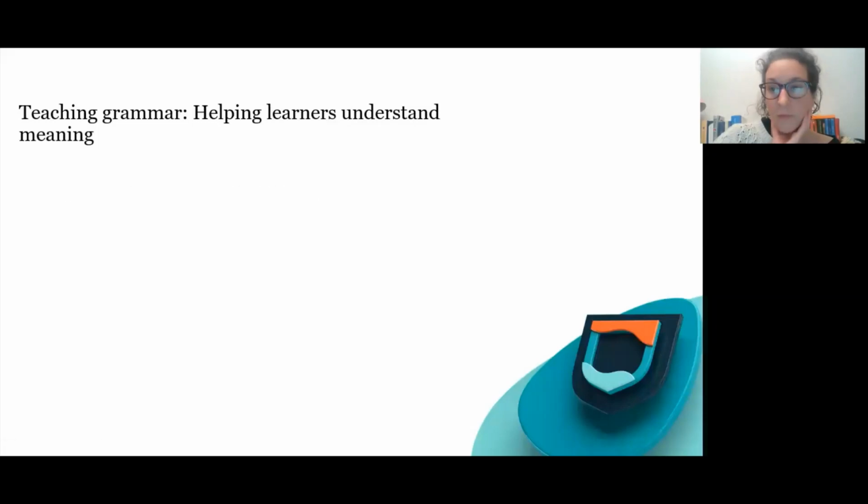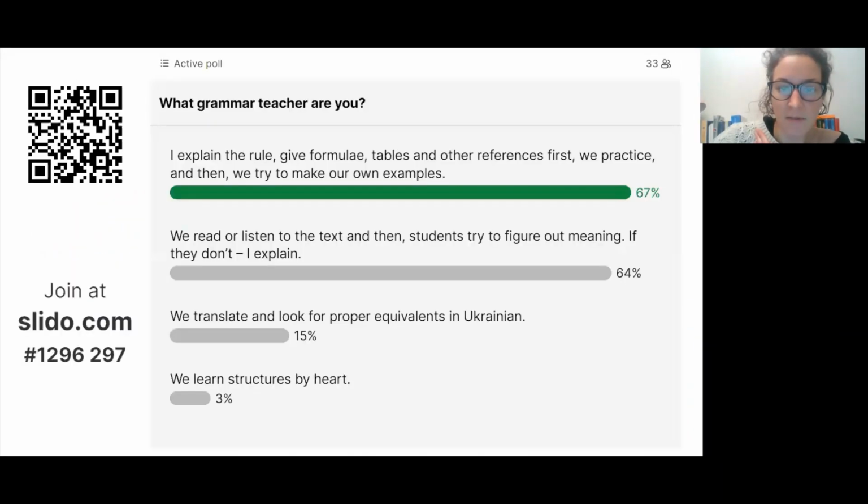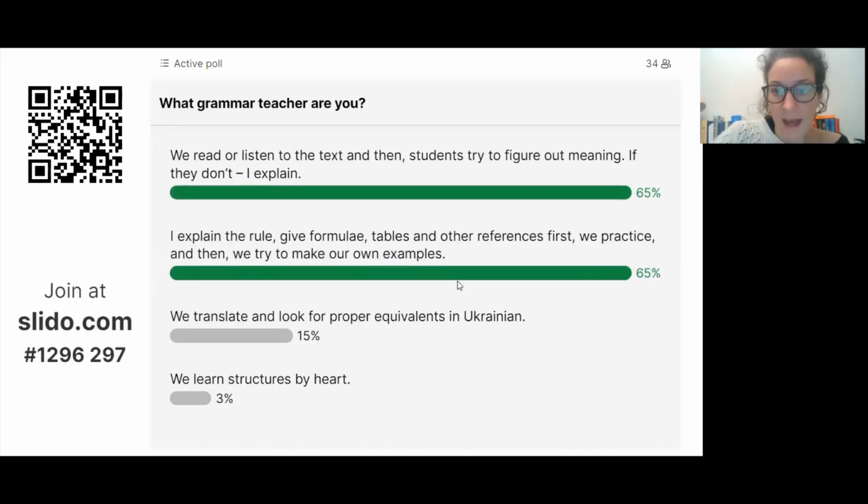And if we talk about the second one, this is the methodology that is at the heart of Cambridge books, but at the same time, now we have this one first.